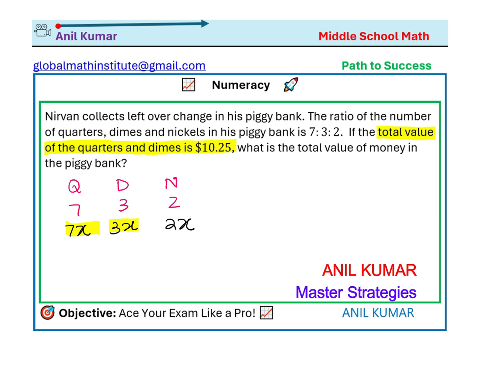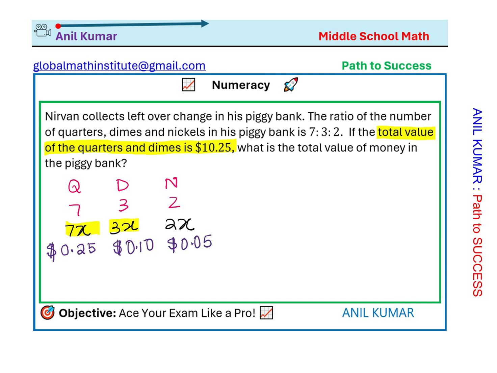Because the amount is in dollars, we'll write 0.25 as the value. As far as dimes are concerned, 10 cents, in dollars, is 0.10. For a nickel, 5 cents, in dollars, it will be 0.05.